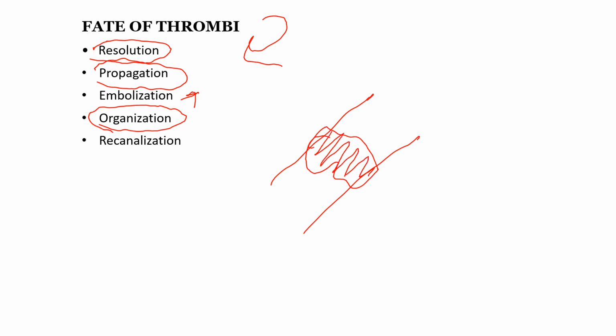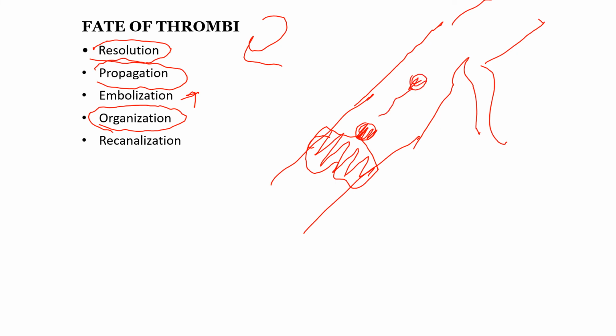If part of this thrombus becomes detached and circulates in the blood vessels, this is embolization. When a small part becomes detached from the thrombus, circulates in the vessels and goes to other parts of the body. Okay, this is embolization.